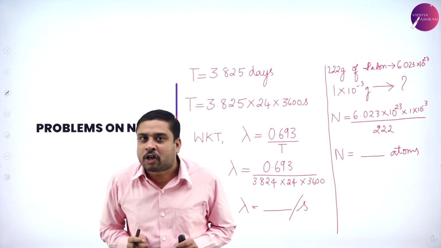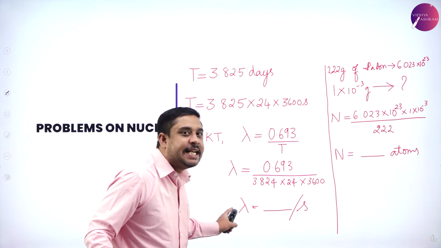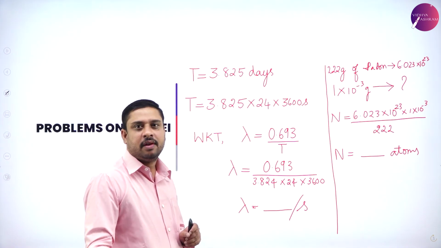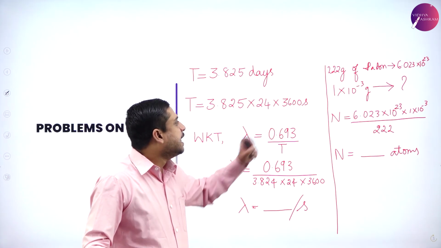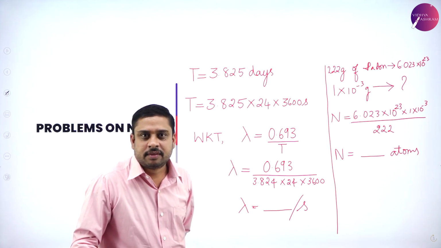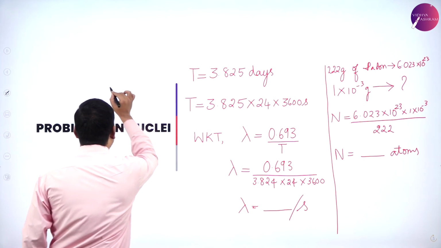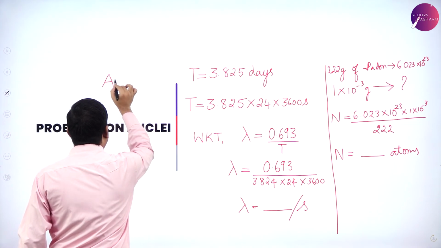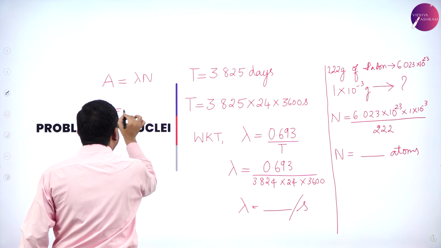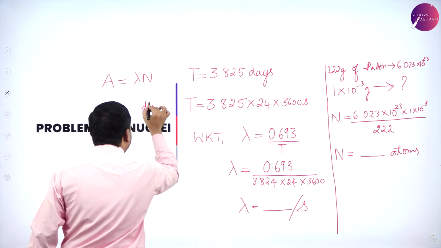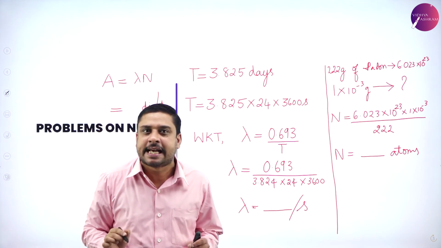So the first part of the solution is calculating the decay constant. The second part is to calculate the number of atoms in the sample, so that now A equals lambda N. Substitute, and you'll get so many disintegrations per second.